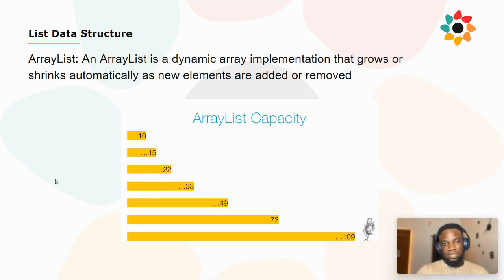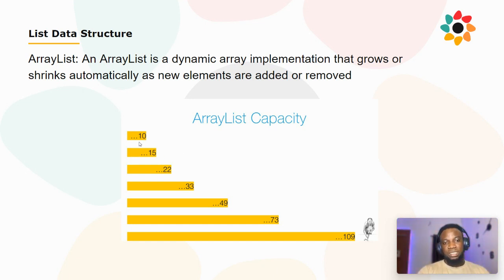In Java, array list increases by 50% of the initial array size. For example, let's say we started with 10 by default. We have 10 items in an array, and you want to add the 11th item to that particular array list.